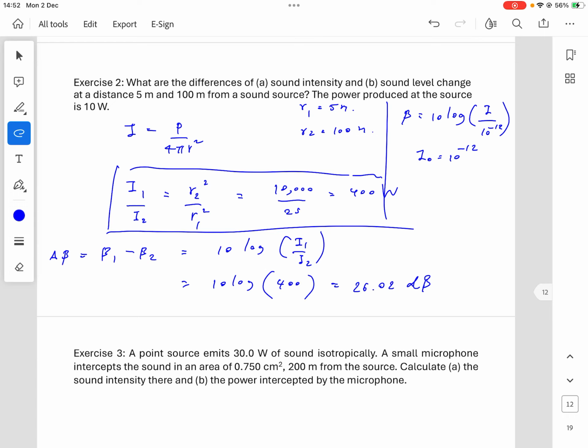Oh no, the ratio has no unit. This is like 400 times. If you compare, the intensity at 5 meters is 400 times that at 100 meters, but when you compare the sound level, the difference is approximately 26 decibels. Okay.